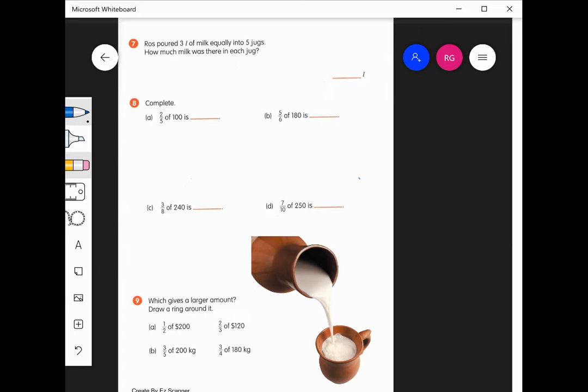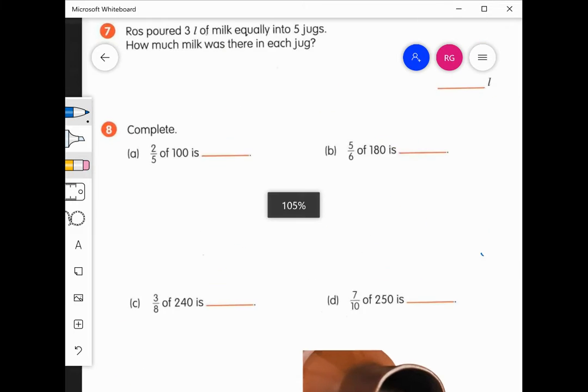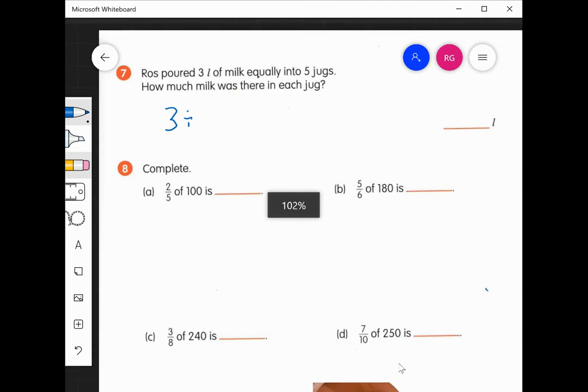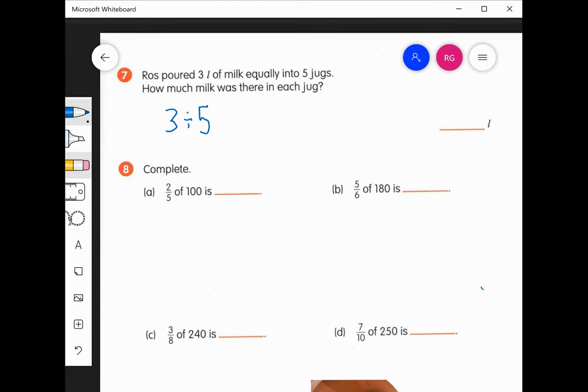Okay, we're on to page 207 now. And the first word problem there says Ross poured 3 liters of milk equally into 5 jugs. How much milk was there in each jug? Okay, so I can think of if I have 3 total liters of milk and I divide them into how many jugs? 5 jugs.